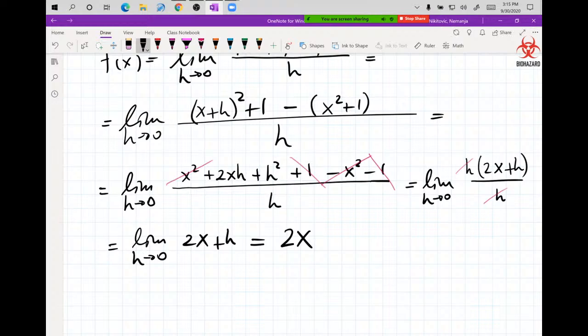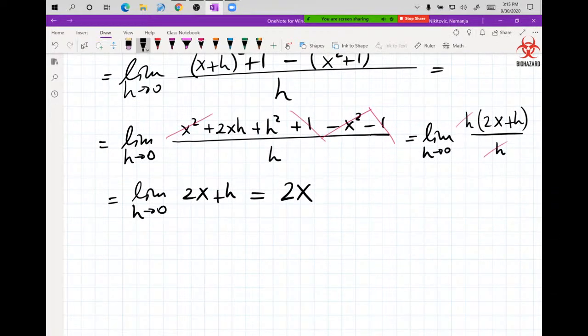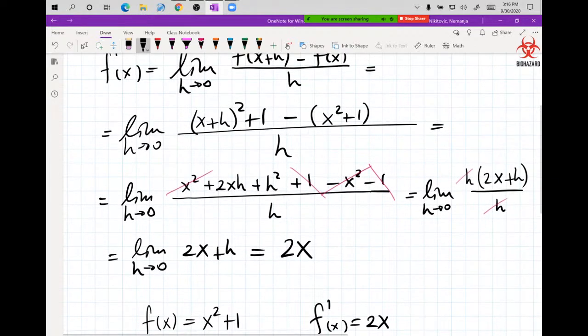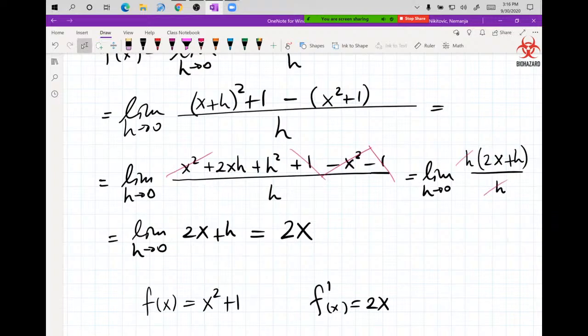So we discovered that if the function is equal to, let's say, x squared plus 1, the derivative of the function is the function 2x. And the procedure to find this derivative was purely taking the limit from chapter 2. We did not learn yet how to take derivatives without limits.